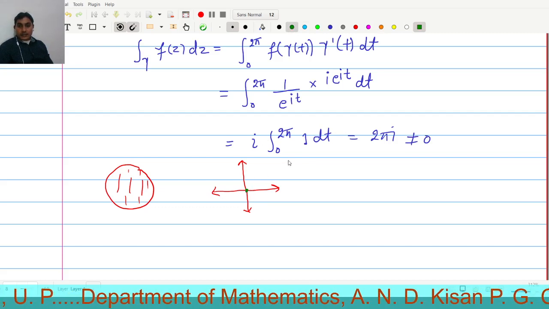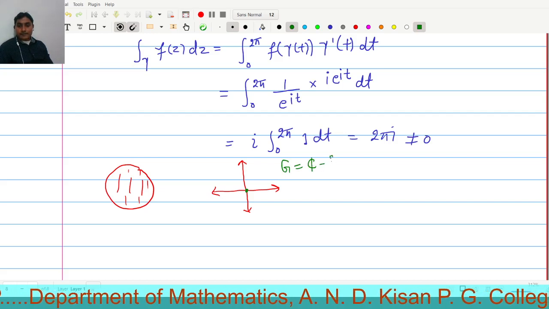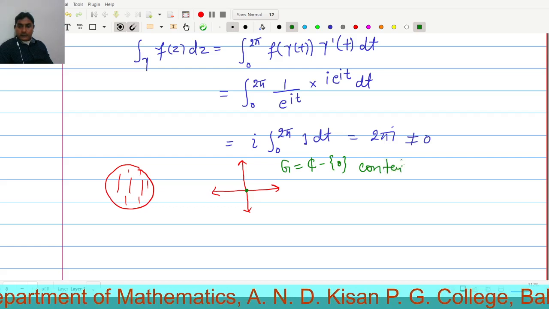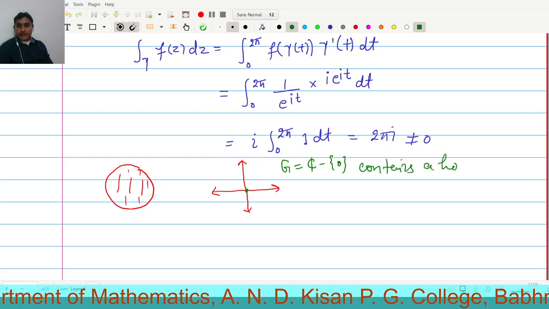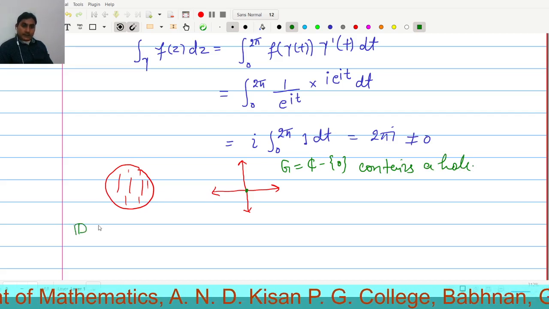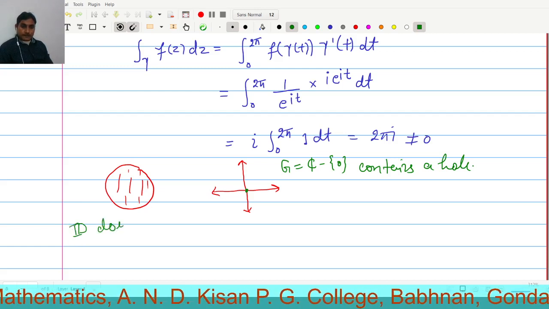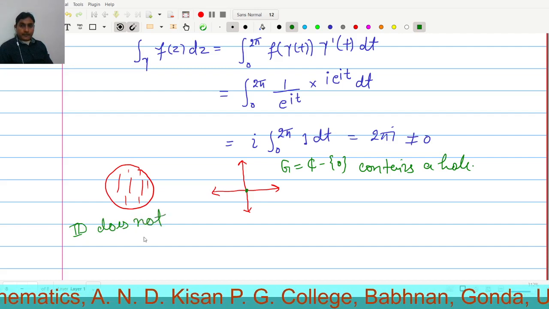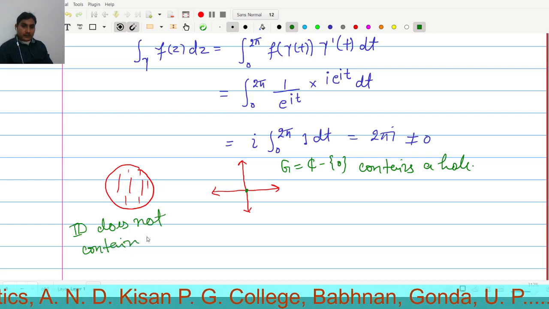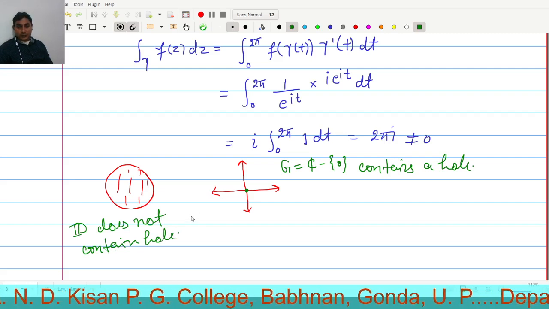It means this G, which is equal to C minus 0, contains a hole, but a disk does not contain a hole. This is the significant difference between these two.